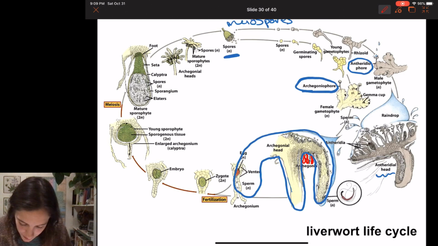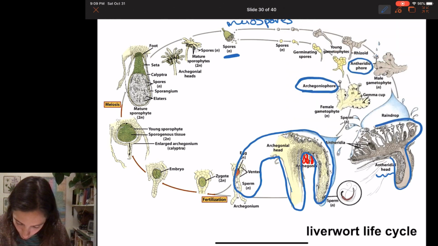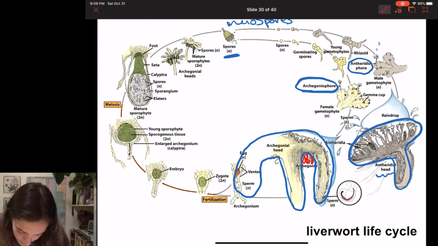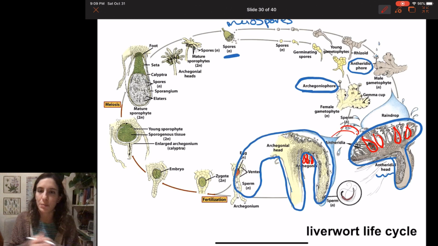The males also have a sort of flower look, their little palm tree looking thing, and they have antheridia, where the sperm are produced. The sperm will get splashed out by a raindrop, and hopefully a sperm cell will come into contact with an archegonium, which has an egg.